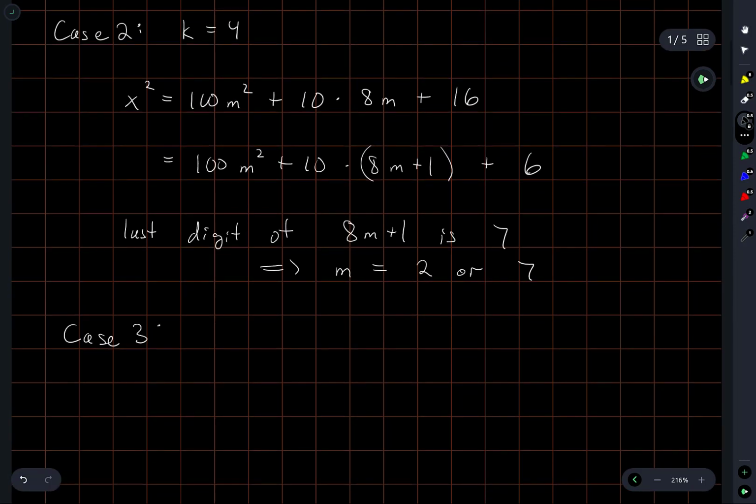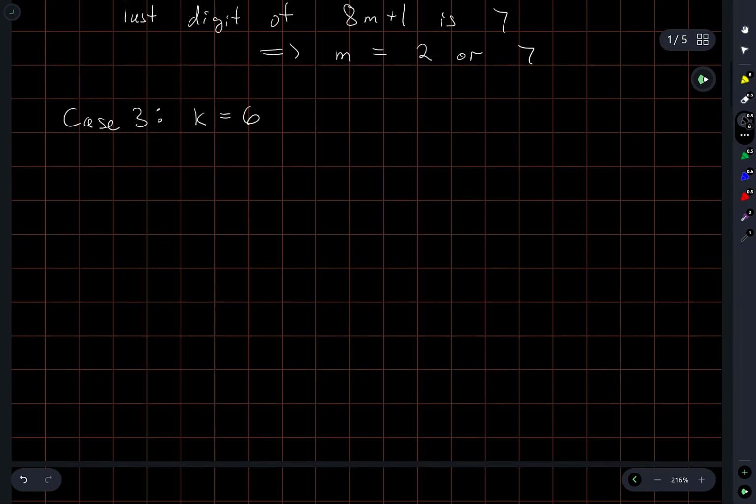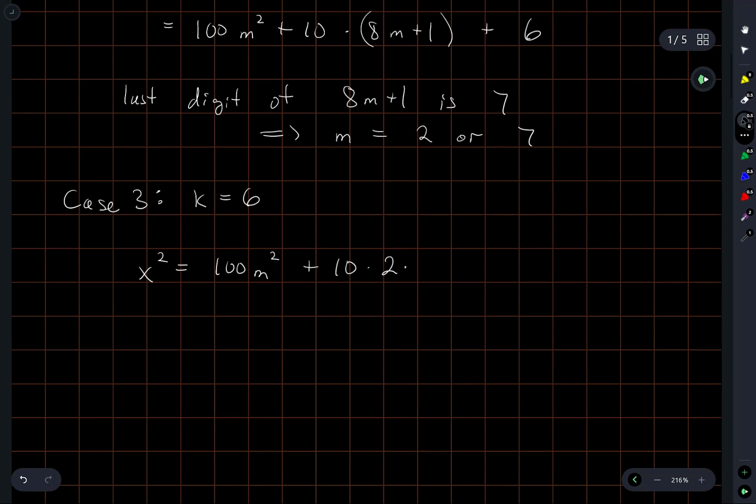Case 3 is actually going to be when k is equal to 6. We're skipping k equals 5 for the moment. We'll come back to that a little bit later. Now, I have x squared is equal to 100m squared plus 10 times 2 times m times 6 plus 36. And if I do some algebra on this, I have 10 times 12m plus 3, plus 6.